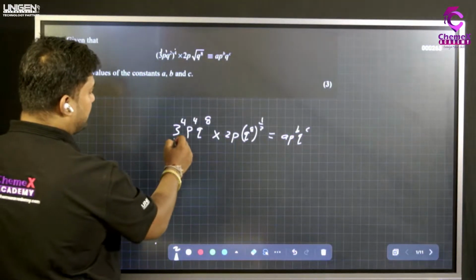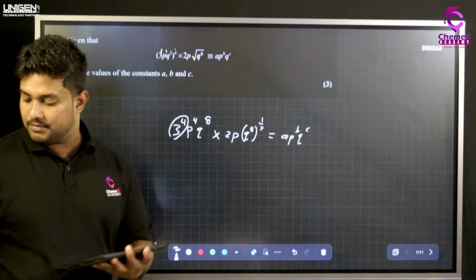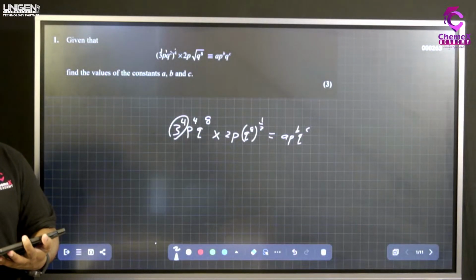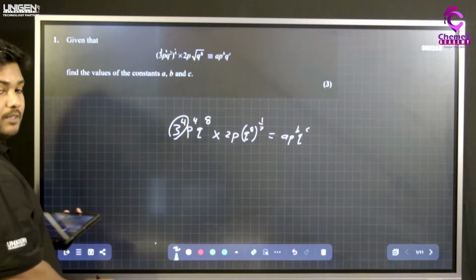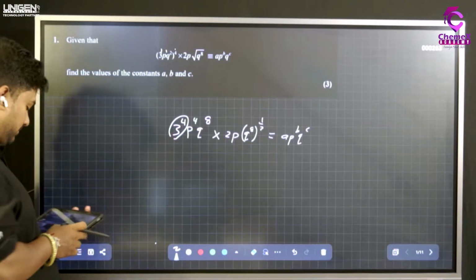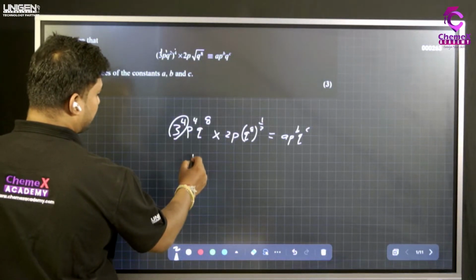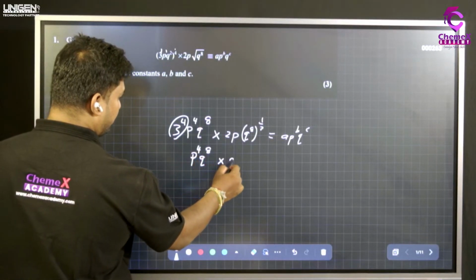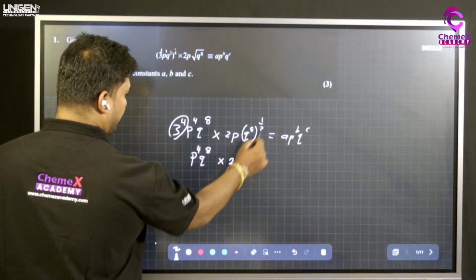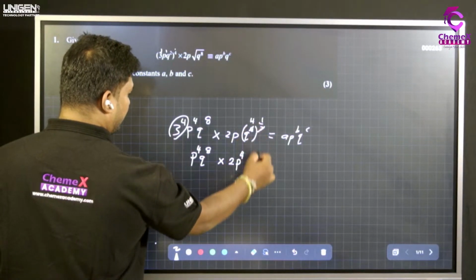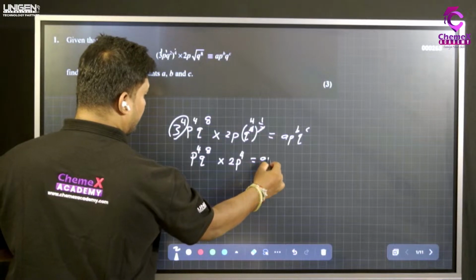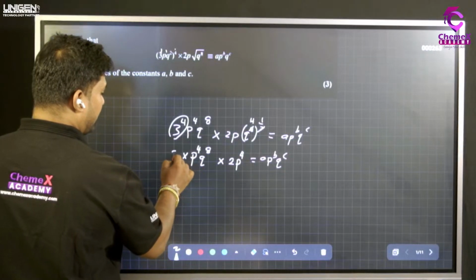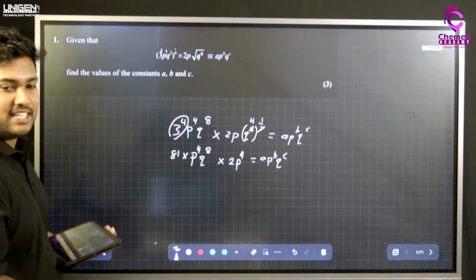Then simplify. What's 3 to the power 4? Can you type it in the calculator and say how much? 3 to the power 4 is 81.